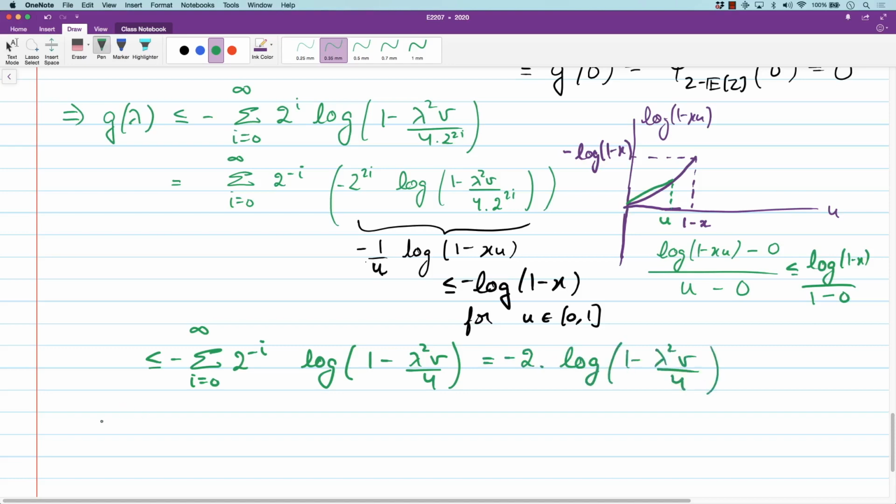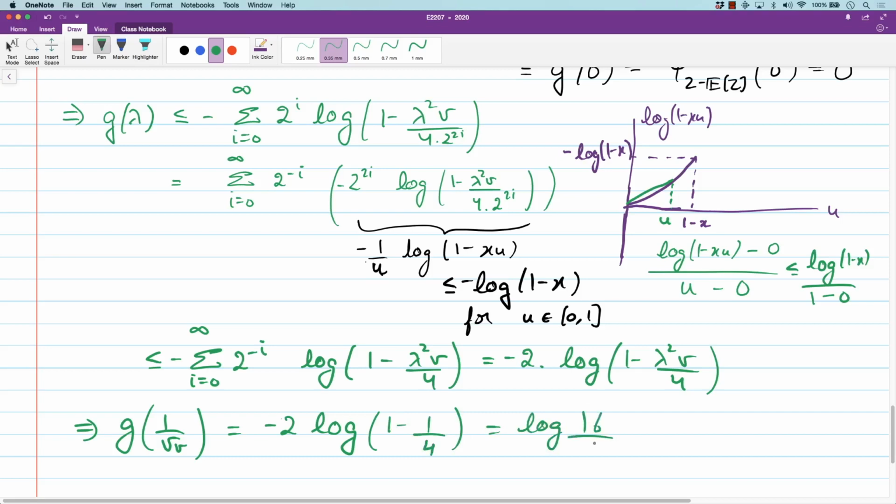In particular, g of 1 by root v is equal to minus 2 times log of 1 minus 1 by 4, so that's log of 16 by 9, as I said. That was the claim, and this is just the proof of the claim.